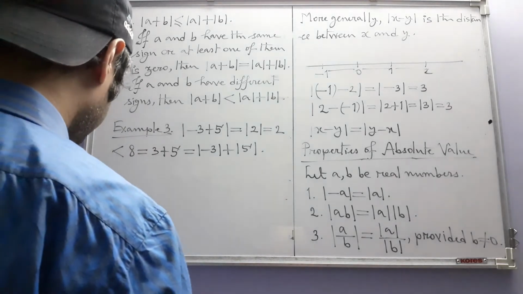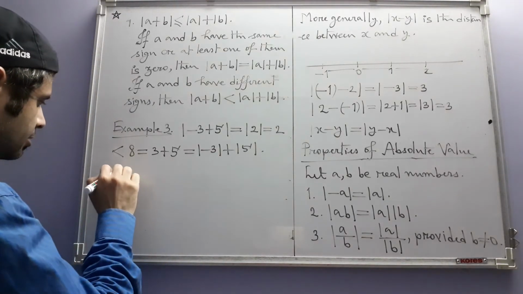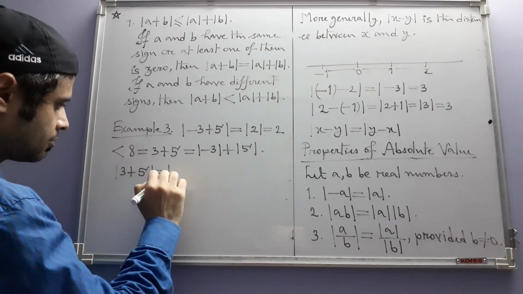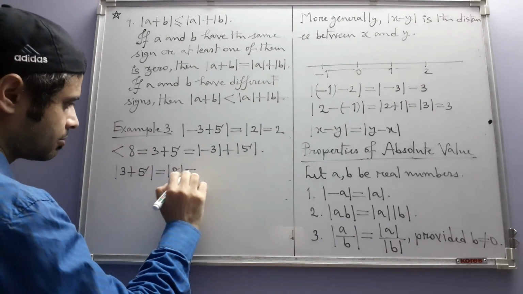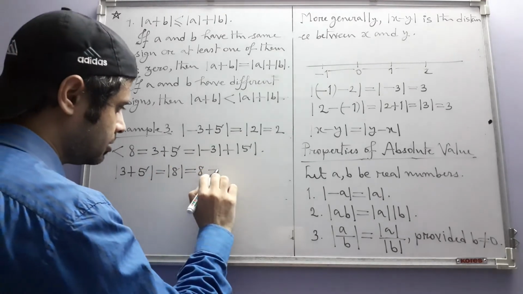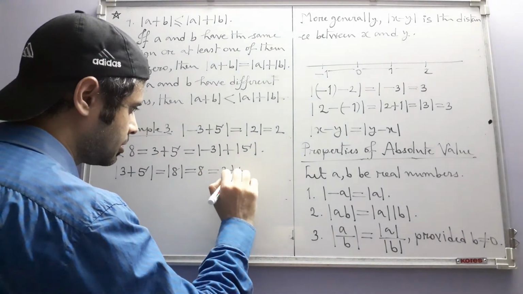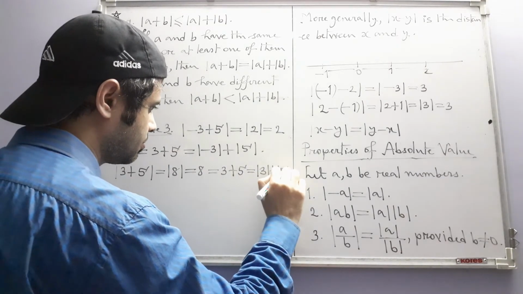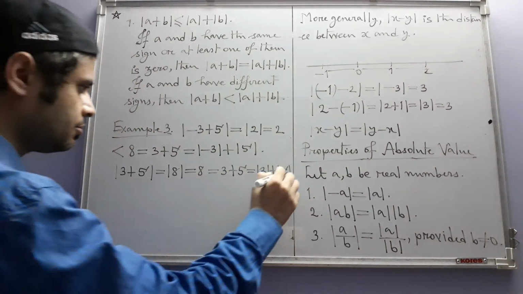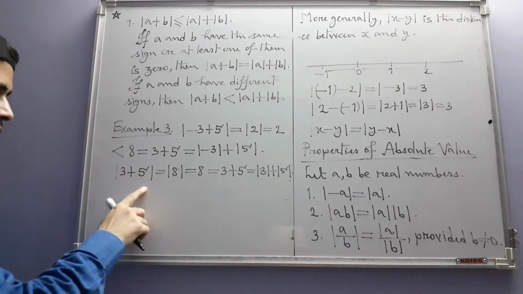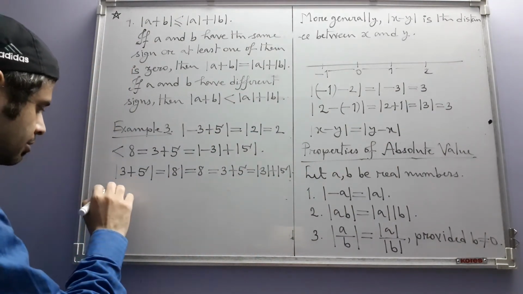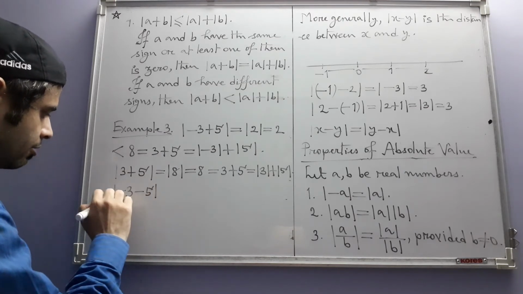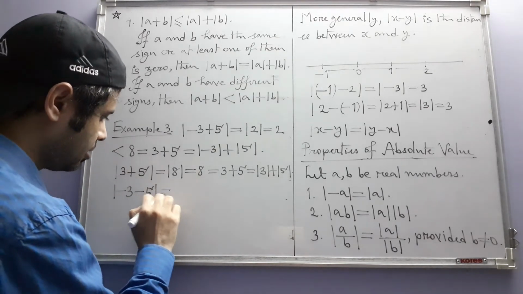Like that, instead of this, if you take 3 plus 5, then this is equal to 8, which again is equal to 3 plus 5, and we have this. So here 3 and 5 are both positive, we have equality, and the same equality again occurs if both of them are negative.